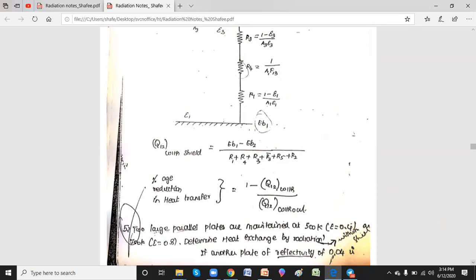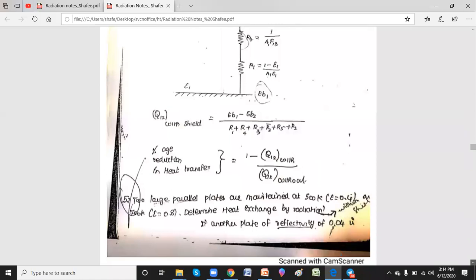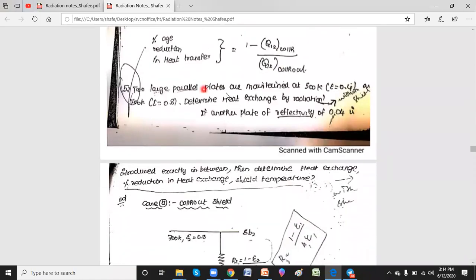Now just take a problem, a very simple problem. Now you can easily understand it. Just see, two large parallel plates are maintained at 500 Kelvin with epsilon 0.4. So there are two plates, and the emissivities epsilon 1 and epsilon 2 are both 0.4.